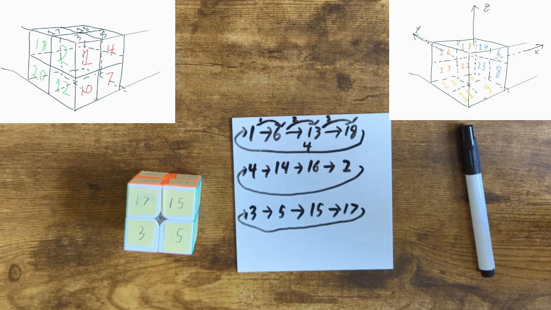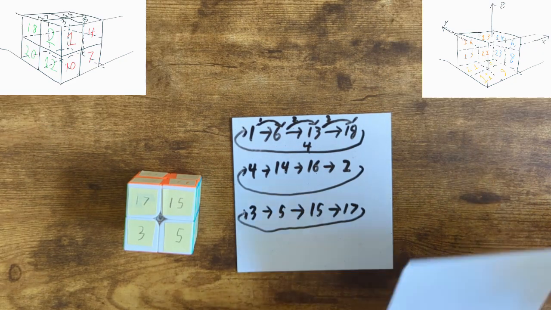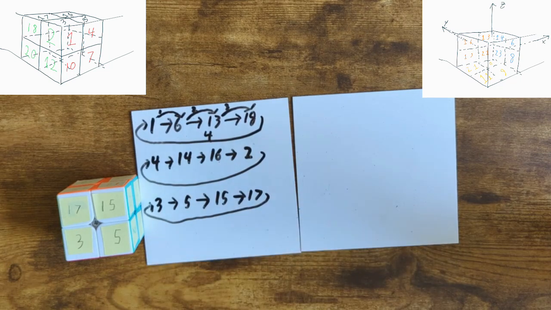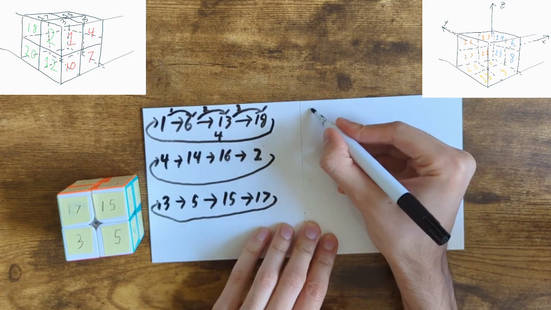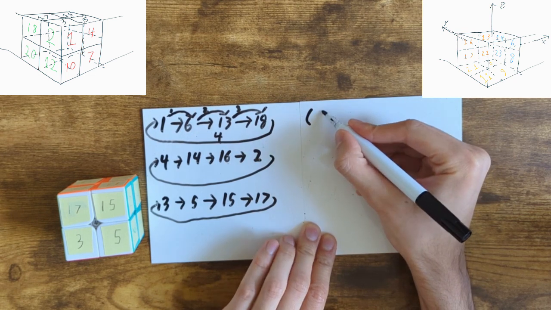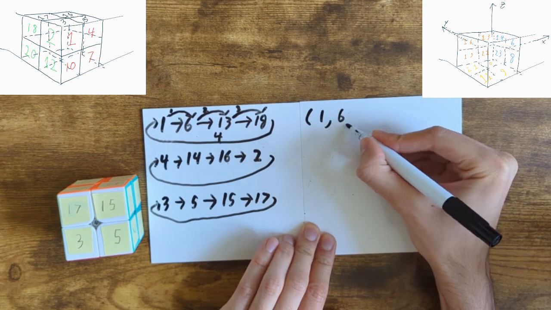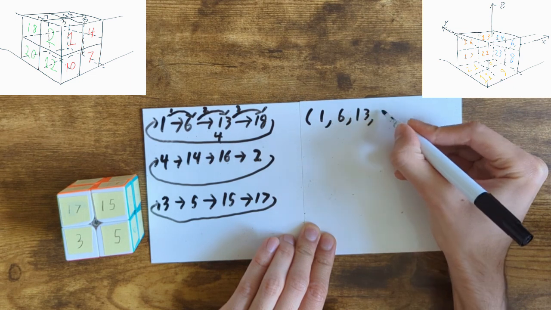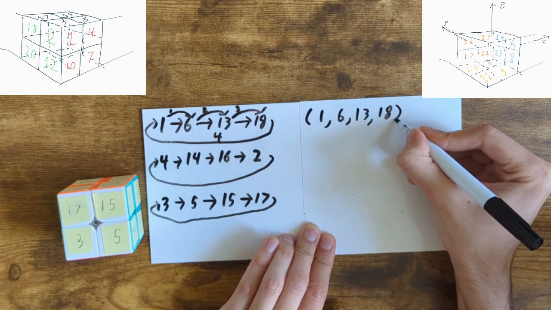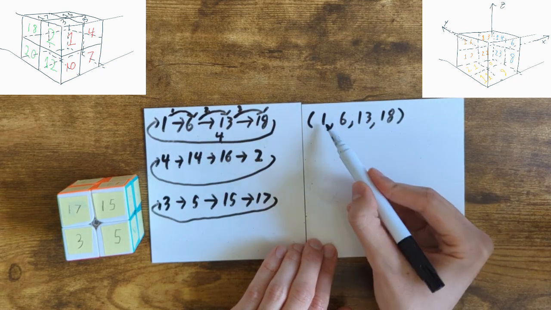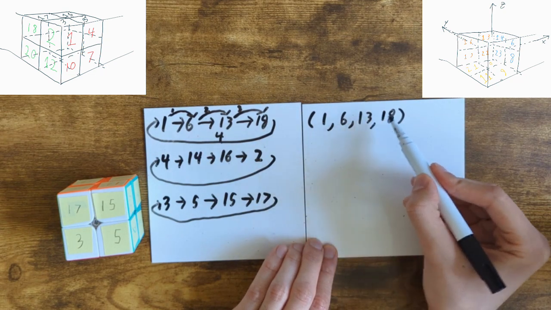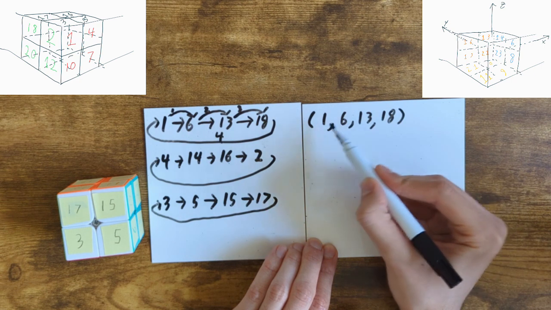So now let's go back and clean up our notation a little bit, so that we can work with it a little bit better. So let's say 1, 6, 13, 18, in parentheses, represents the same thing as 1 goes to 6, 6 goes to 13, 13 goes to 18, and 18 goes back to 1.